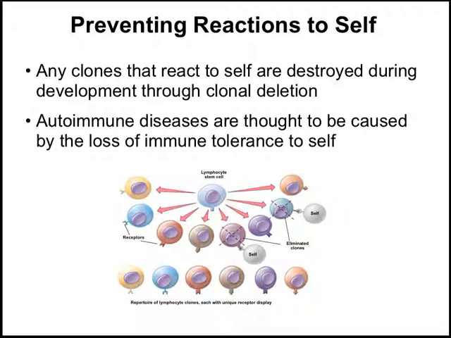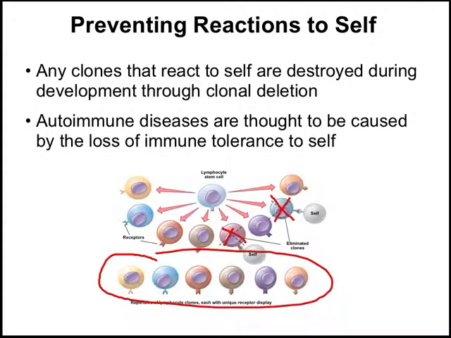So these cells whose receptors react to self are deleted, and so they're no longer in this group of lymphocyte clones. It's thought that autoimmune diseases are caused by loss of this immune tolerance to self, so lack of the control and ability to eliminate self-attacking clones.